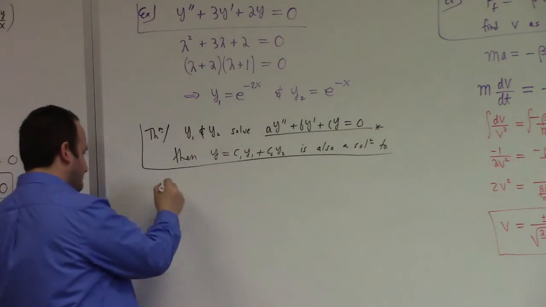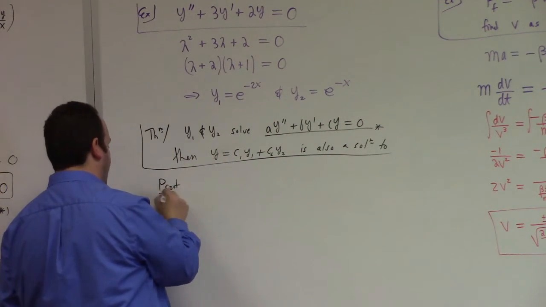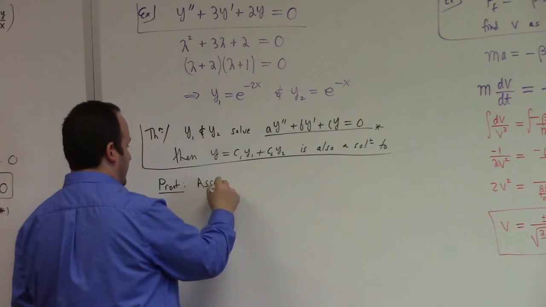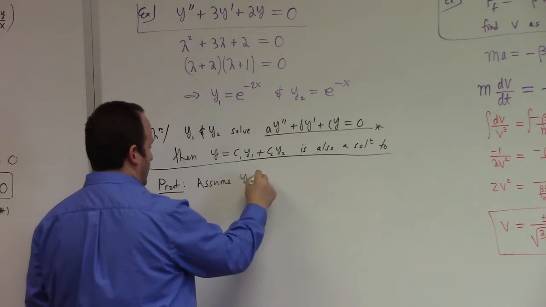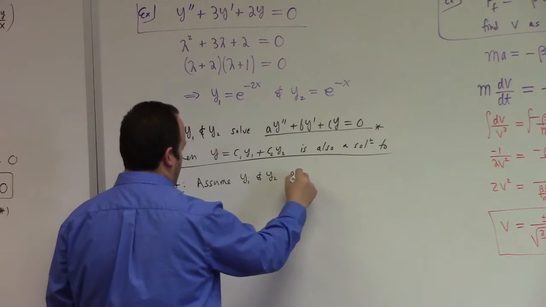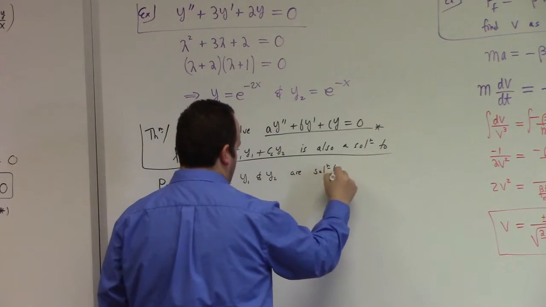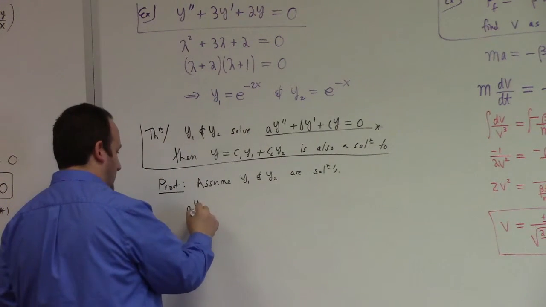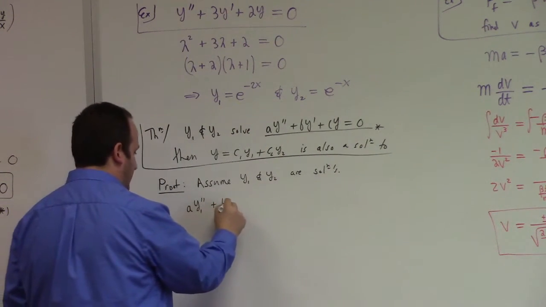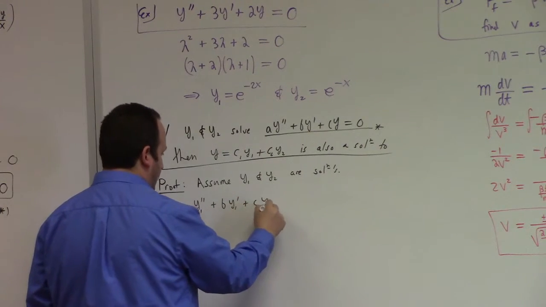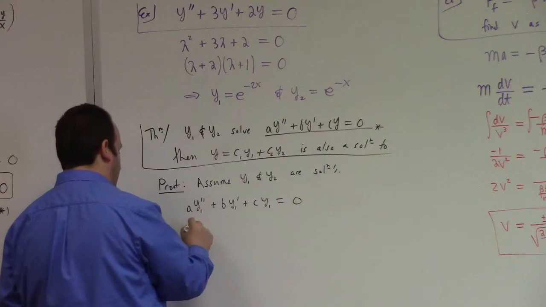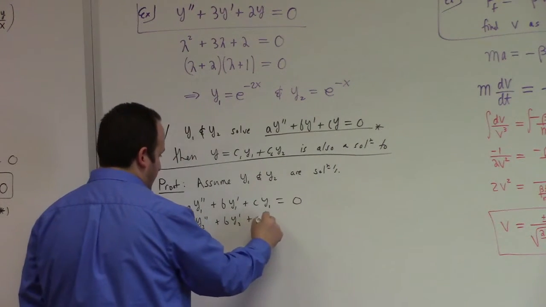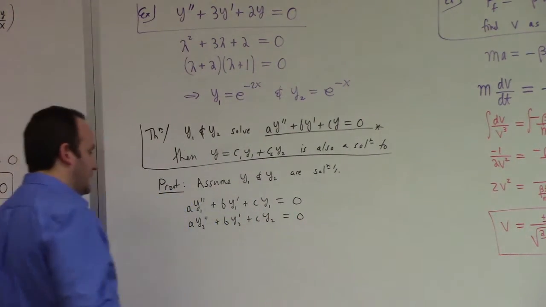Proof. So what does it mean to say that they're solutions? Assume y1 and y2 are solutions. We get a y1 prime prime plus b y1 prime plus c y1 equal to 0, and we get a y2 prime prime plus b y2 prime plus c y2 equals 0.